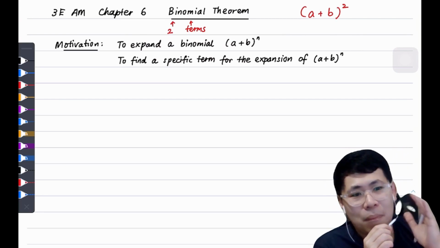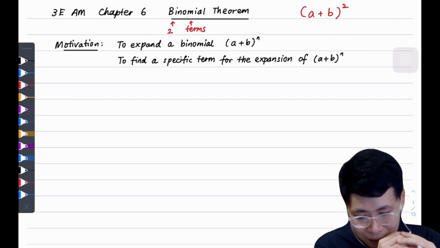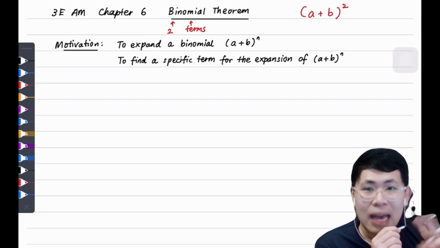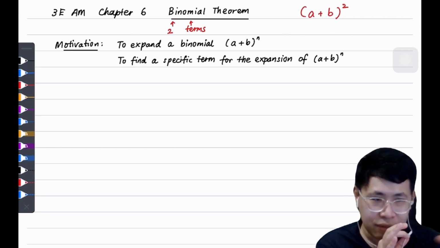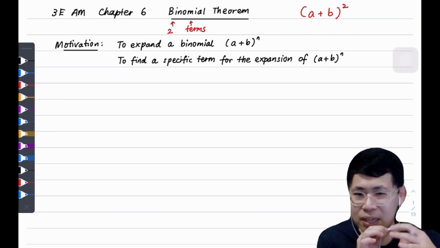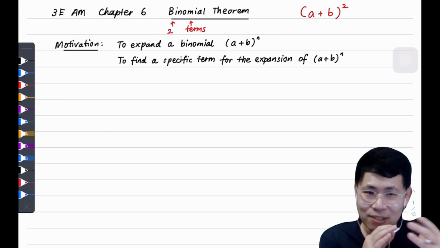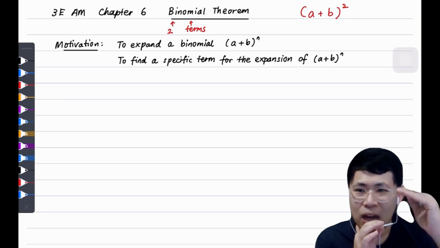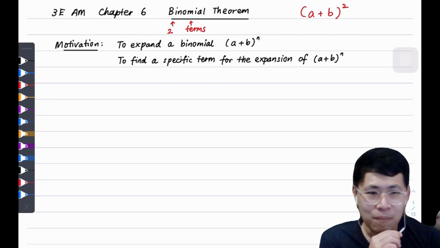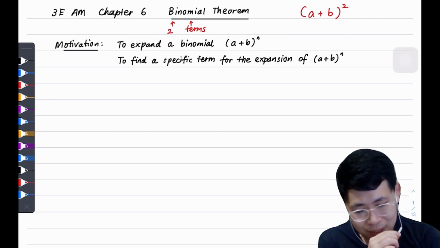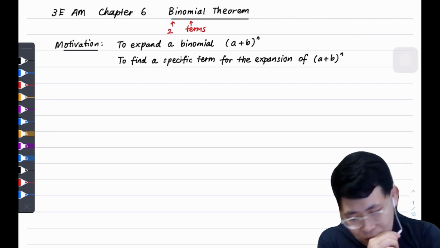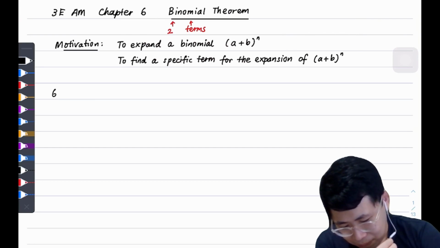Before we start binomial theorem, I'm going to go through three elements surrounding it, so that when we start to expand things fully, we can see how these three things work together for the expansion. Let's start off with 6.1.